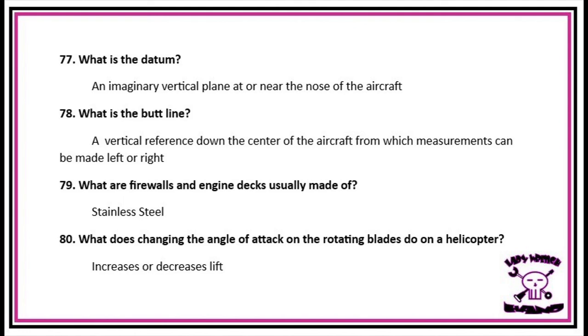It is a vertical reference down the center of the aircraft from which measurements can be made left or right. 79. What are firewalls and engine decks usually made of? Stainless steel.